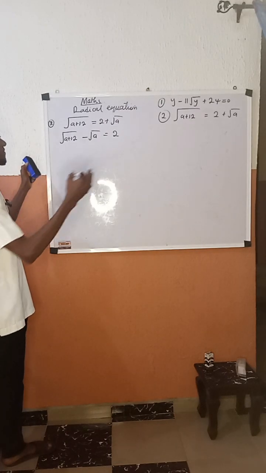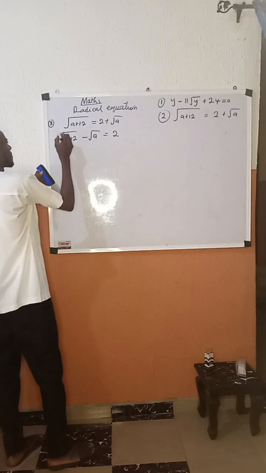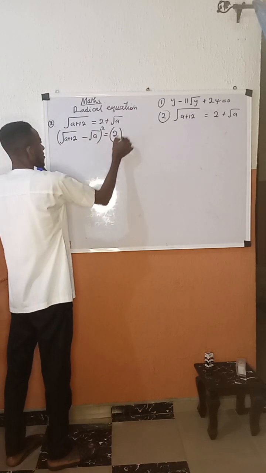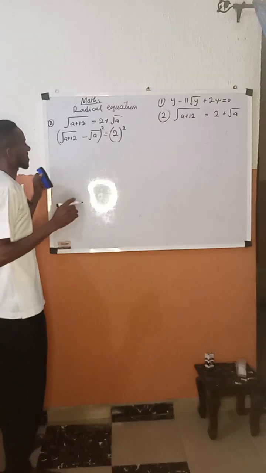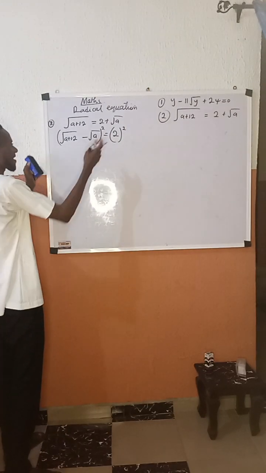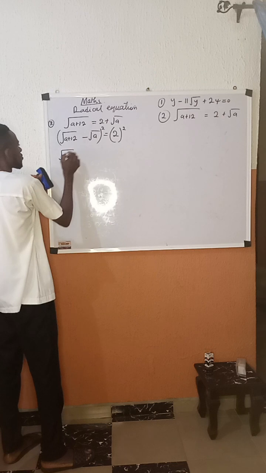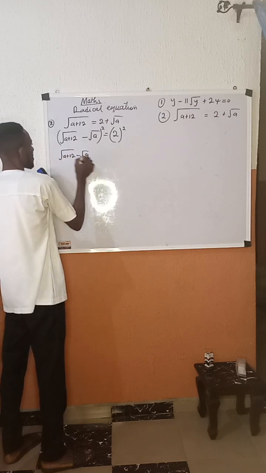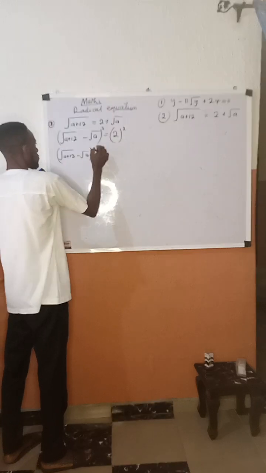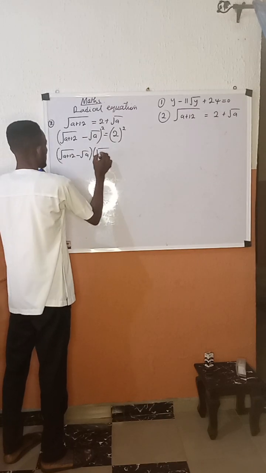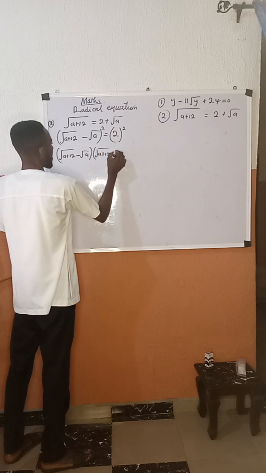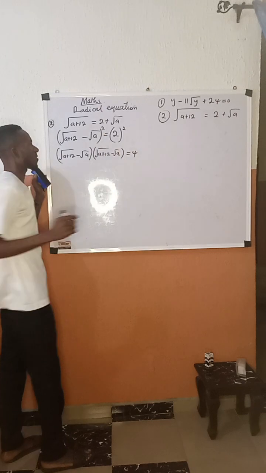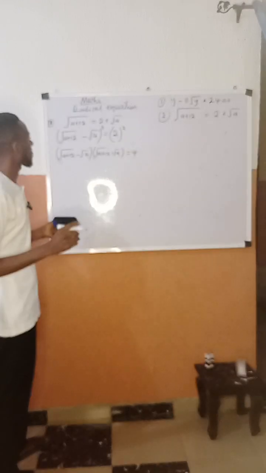By squaring both sides of this equation, I have open and close squared, open and close squared. This can now be expanded this way: root of A plus 12 minus root A, open and close, open again, root A plus 12 minus root of A, equals 4, because 2 raised to power 2 is 4.